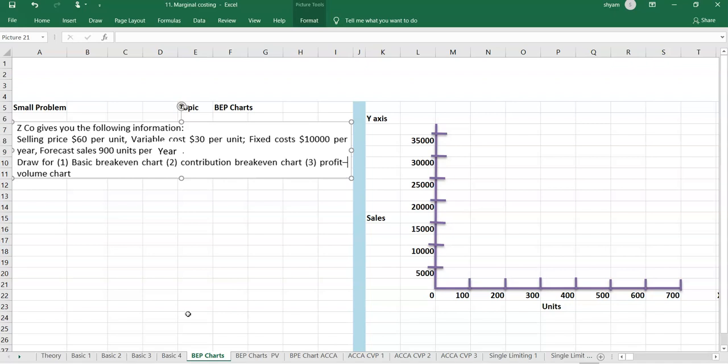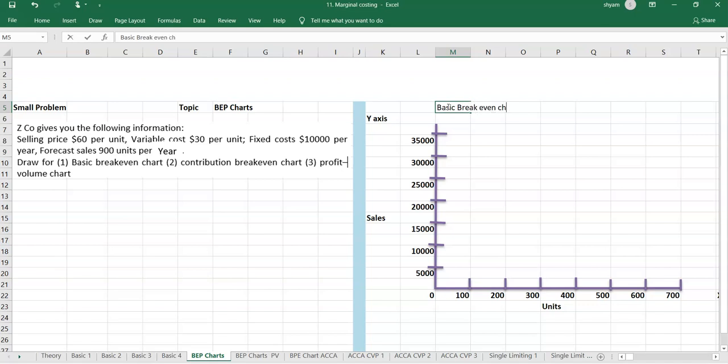So first we'll create the basic break-even chart. We'll start from this. To create a chart, you need axes and the points or the coordinates.